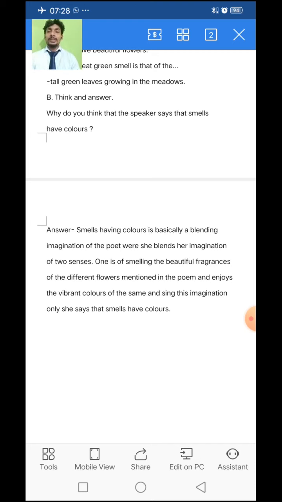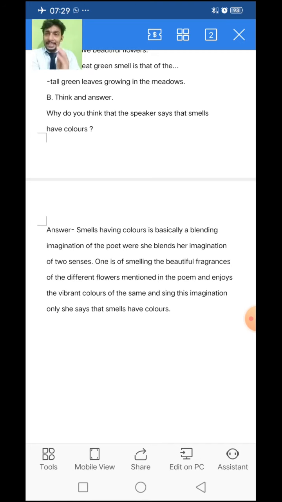At last, I would like to wrap up this chapter by giving you a brief summary of this poem, in which I'll tell you nothing but the same thing that I kept on saying from the beginning. In this poem, the poet is using her love of nature to describe the different beautiful elements of nature.